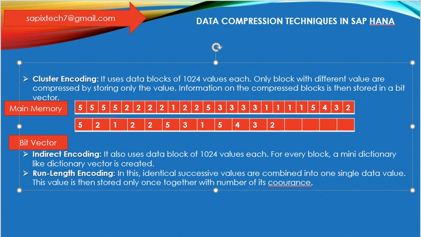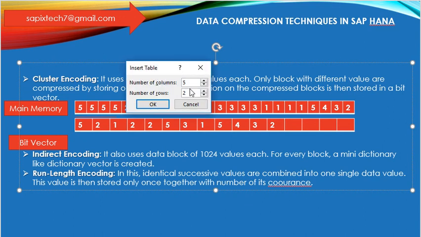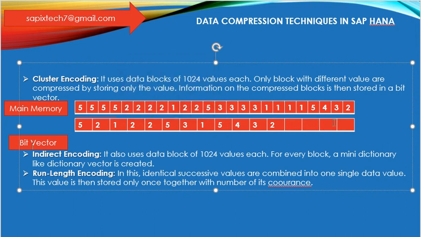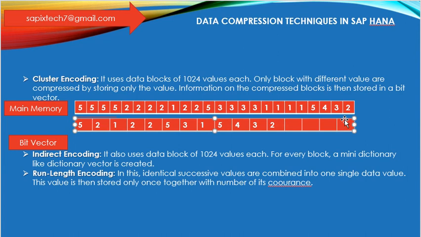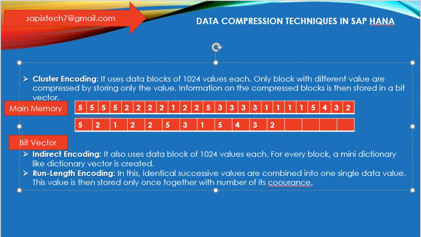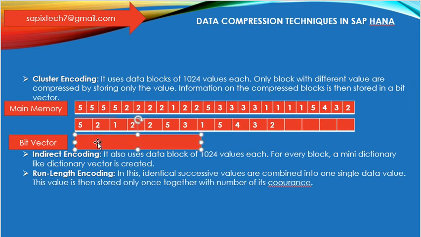So let me insert a table for the bit vector. It will be the same. In the bit vector, it will store 1, 1.